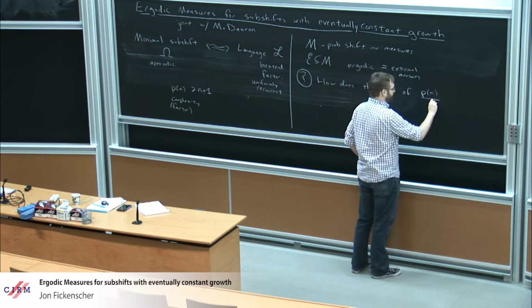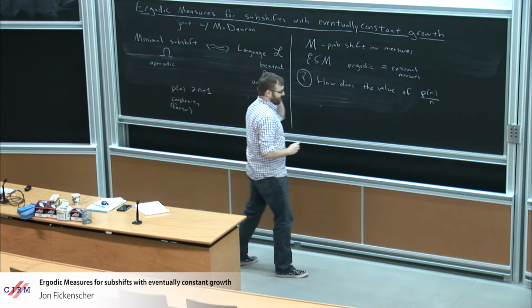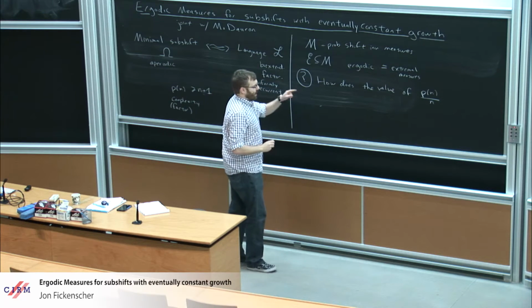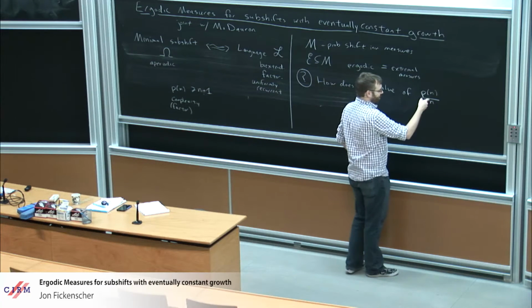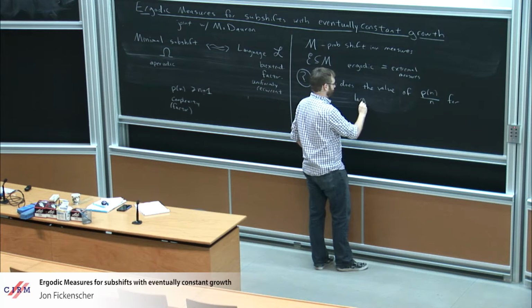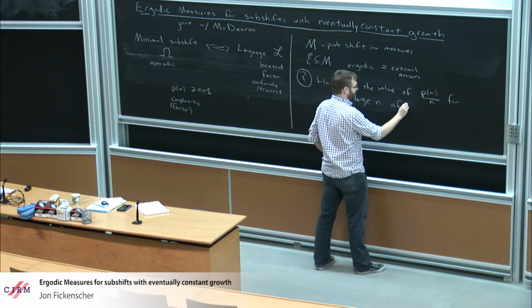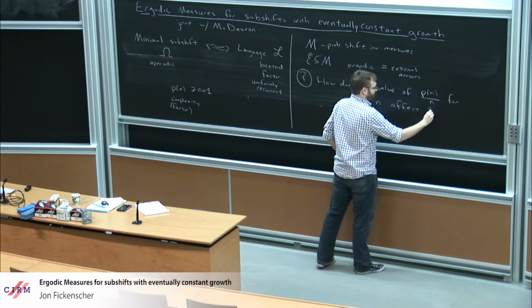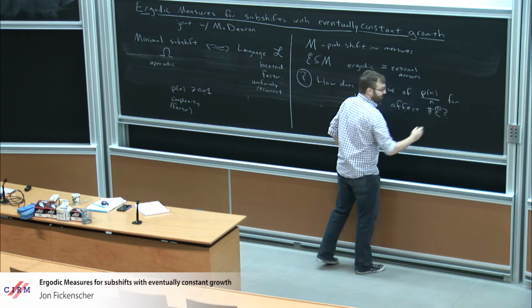And we'll talk a little bit about this with some kind of a table over here, but how does the value of Pn over n, the linear growth, for large n, affect the number of ergodic measures that we have?